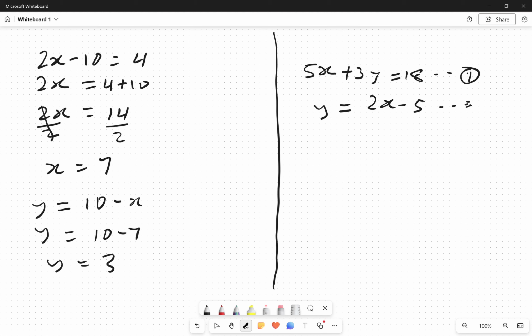This is equation 2. We want to find the values of x and y. So here in equation 2, y is already the subject. We don't have to try to make y the subject again. All that we need to do is substitute in equation 1.